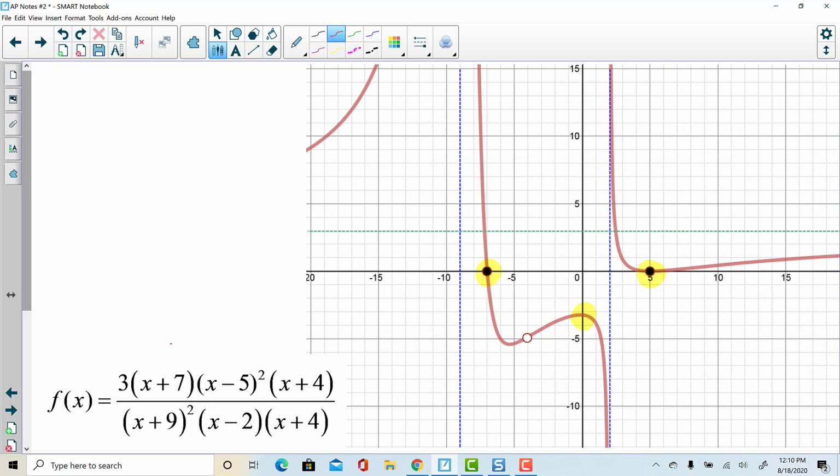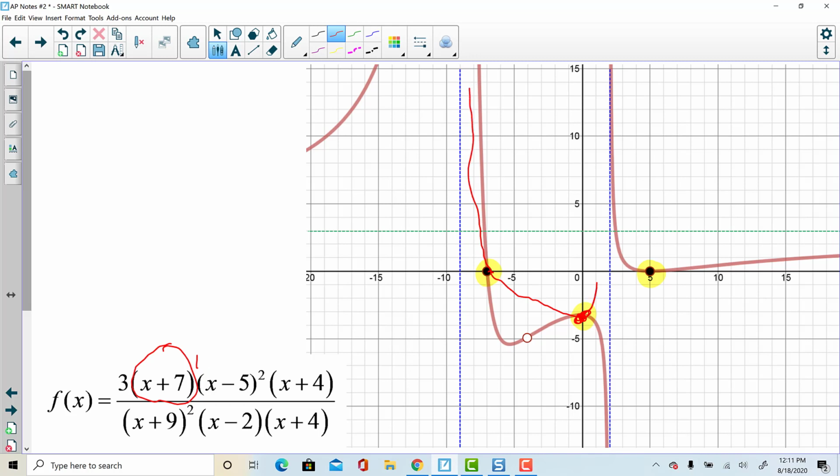Now we do have to look at the power of this x-intercept to find out if we're going to cross through it or if we're going to touch it and turn around. If it's an odd power, we're just going to cross through it. So we know this is the y-intercept, and I would most likely just go straight towards the x-intercept. Because it's an odd power, it's a power of 1, that means I'm going to cross through it. So I would probably just go up.